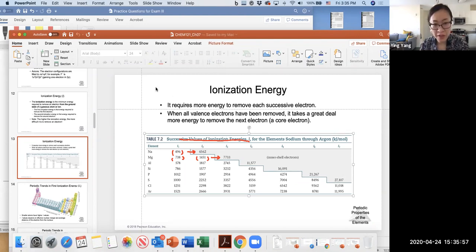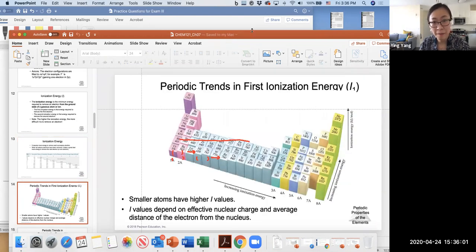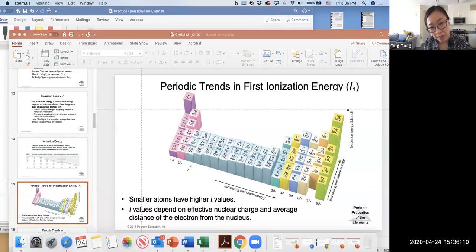If we look at the trend in this table, going from left to right, the first ionization energy increases. Why is that? Because going from left to right, the effective nuclear charge is increasing, therefore the attractive force is increasing.